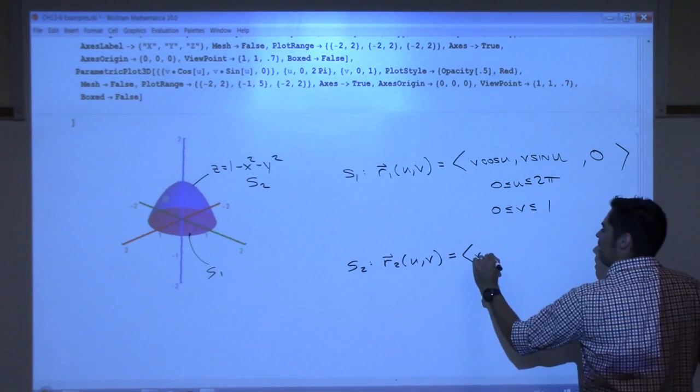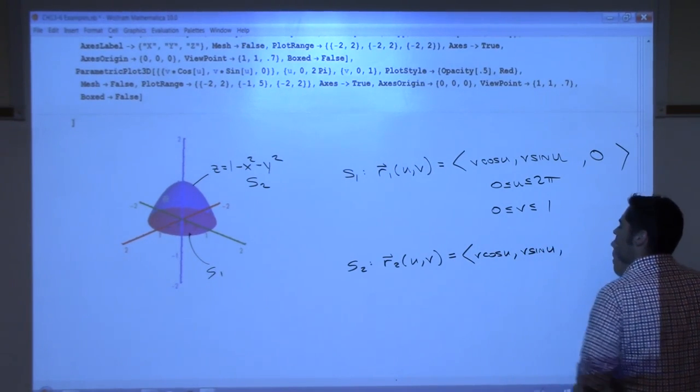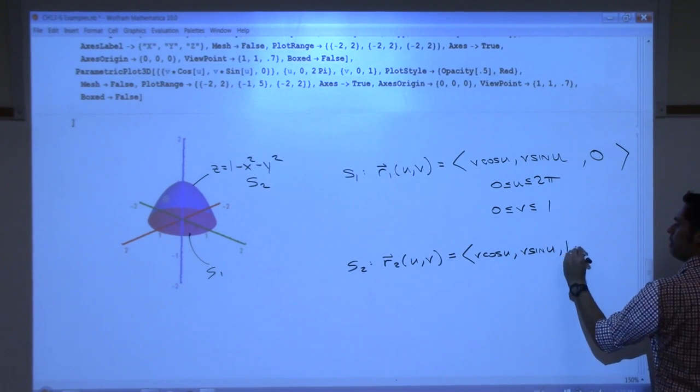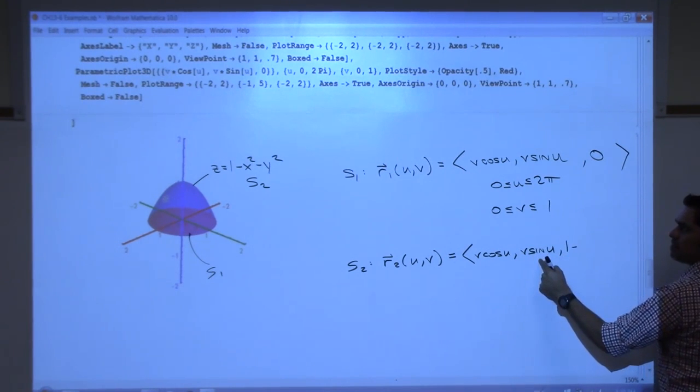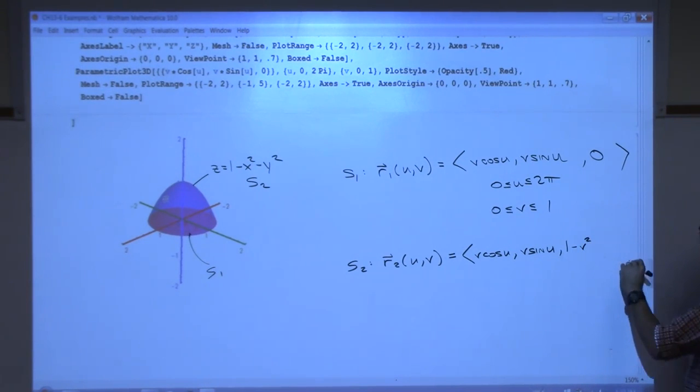So this should stay the same. But my z needs to be what? One minus this squared minus this squared, v squared cosine squared.